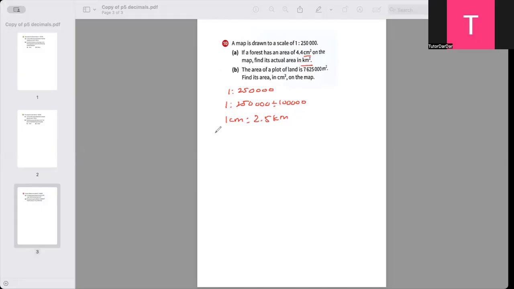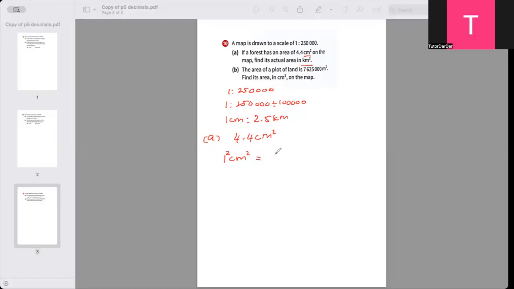Okay, now A, if the forest has an area of 4.4 cm square on the map, find the actual area in kilometer square. So they are saying 4.4 cm square. First thing first, this is a normal cm and km. What we need to find is cm square and km square. So if I put cm square here, I can put square here also.